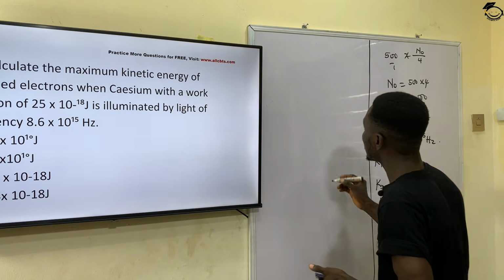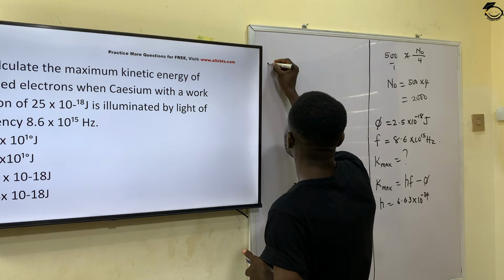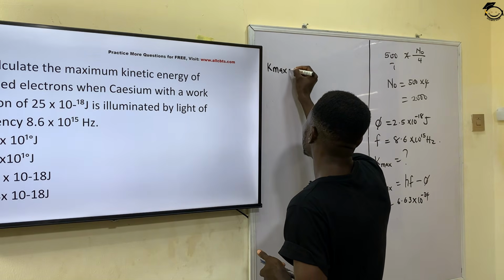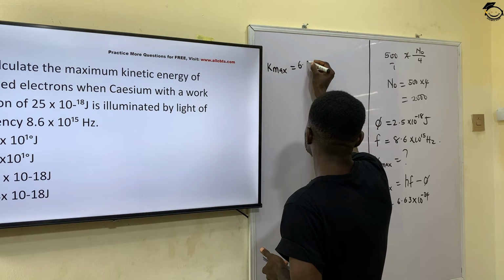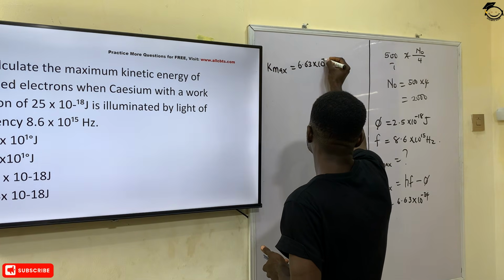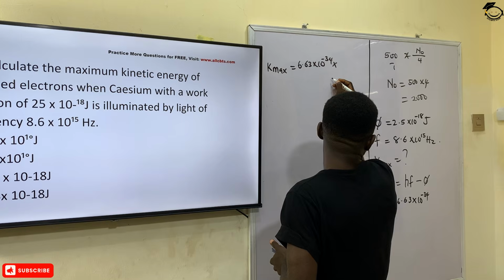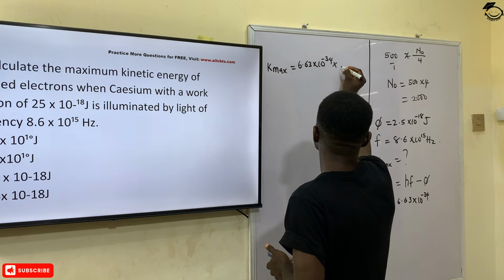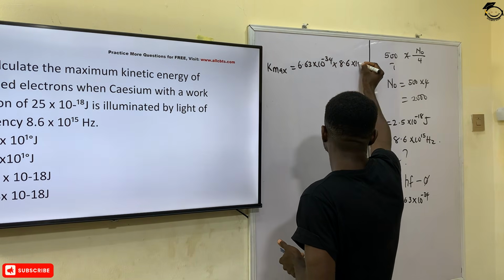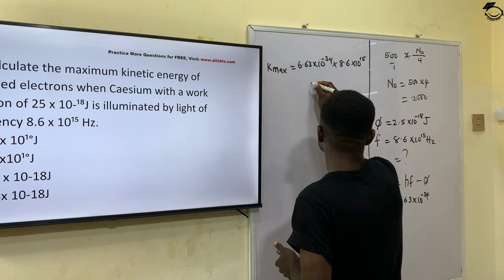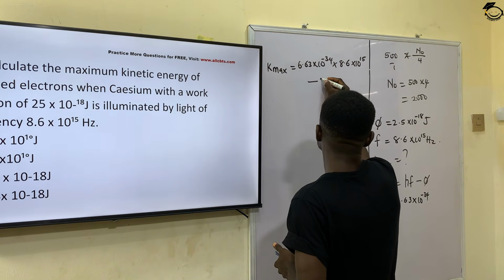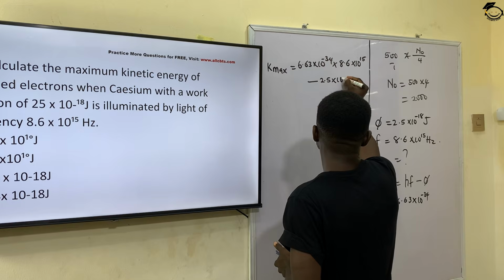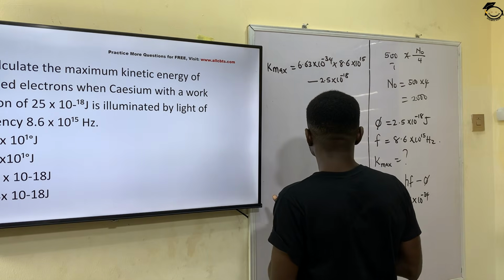If I input this into the formula, K max will be equal to h, which is 6.63 times 10 raised to power minus 34, times the frequency given in the question, 8.6 times 10 raised to power 15, minus my work function, which is 2.5 times 10 raised to power minus 18.